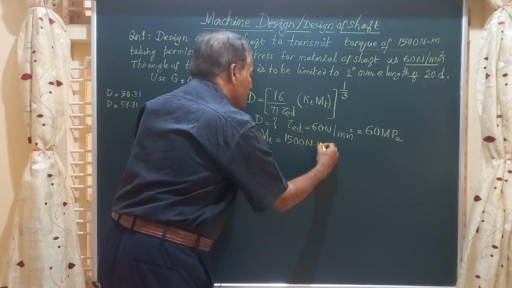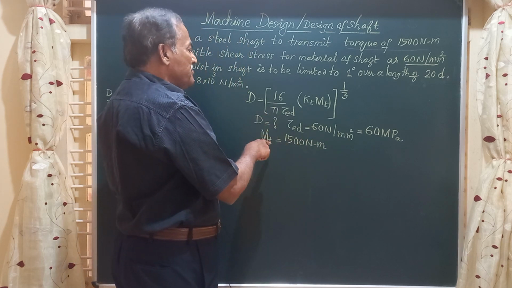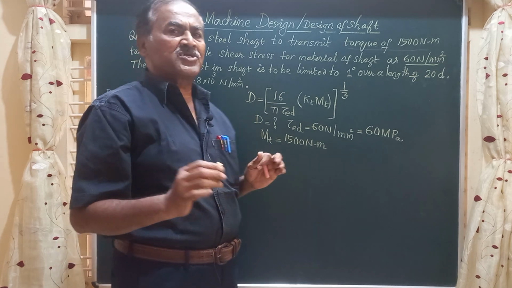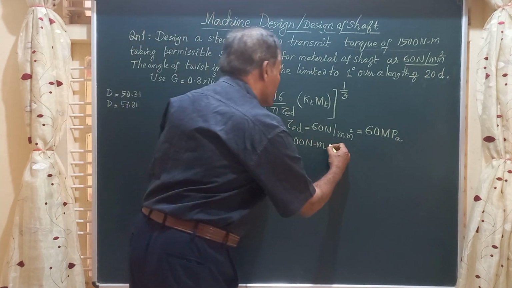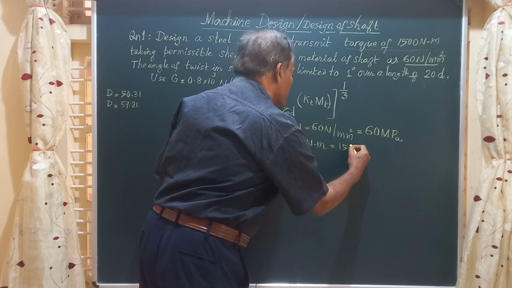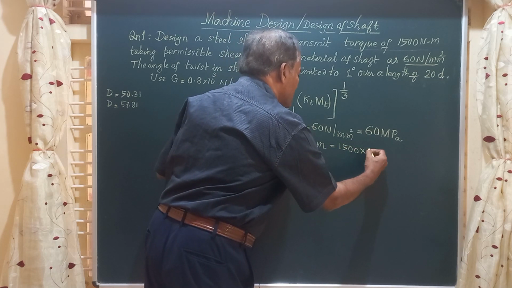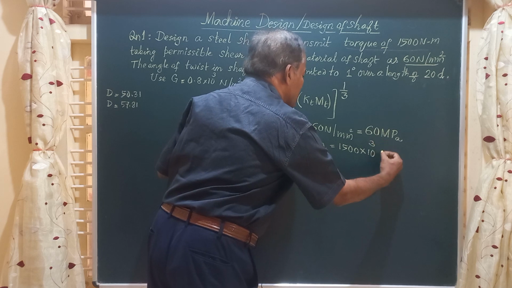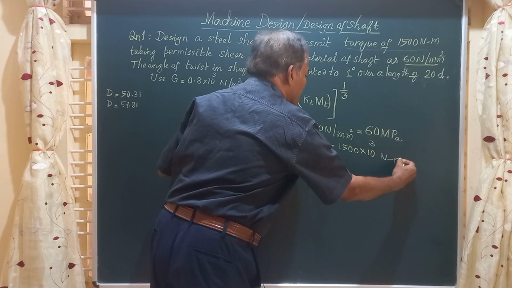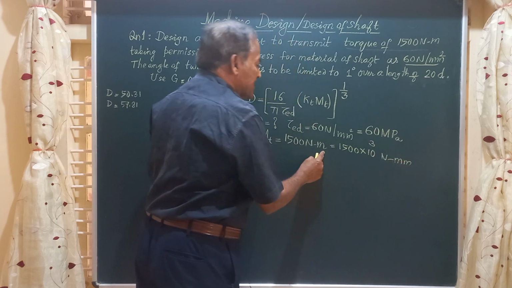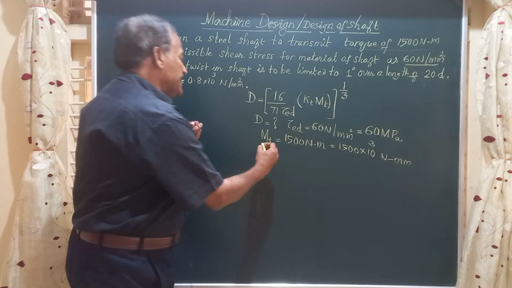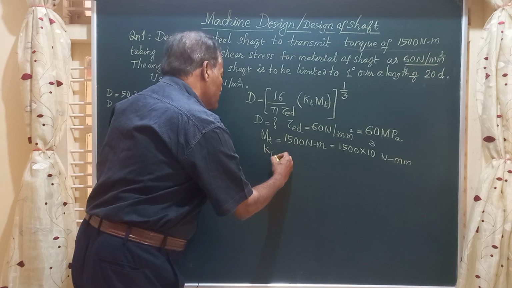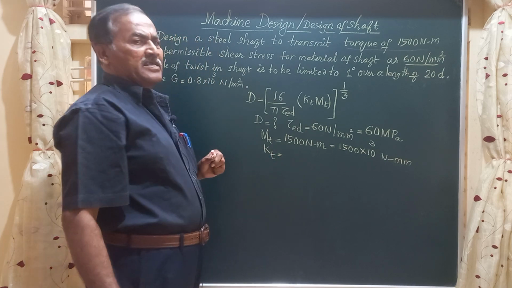So generally we convert these to Newton millimeter so that we get the answer for the shaft diameter in millimeters. So this is going to be 1500 multiplied by 10 to the power of 3 Newton mm. I have converted the meter to millimeter. Friends, there are two terms called Kt and Kb.